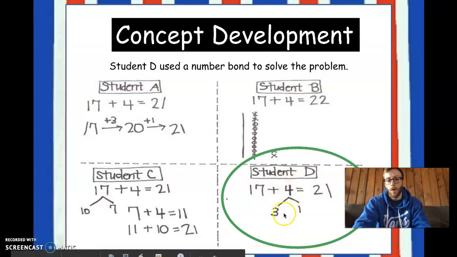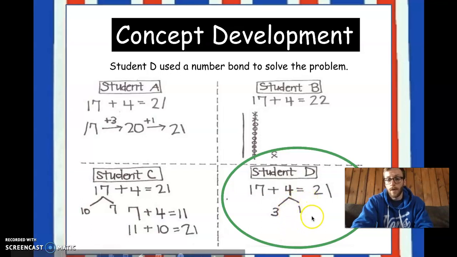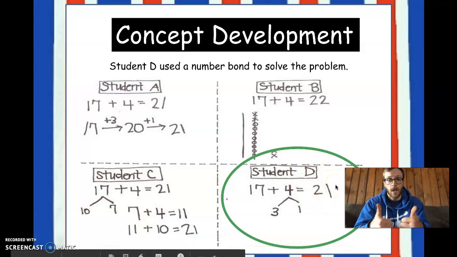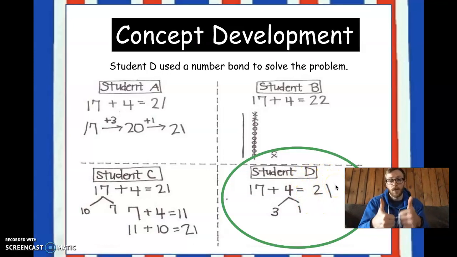That's why they broke 4 apart into 3 and 1. So then they didn't really show all of their work, but it looks like they added the 3 and the 17 to get 20. And then they had 20 plus this 1 left over to get 21. So student D also got 21, so student D also did it correctly.